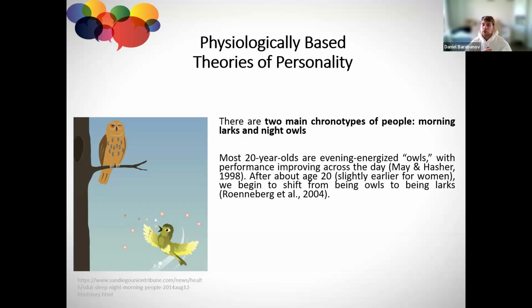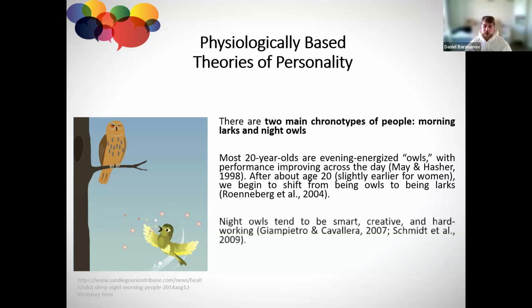And probably you know that most elderly people are complete morning larks, waking up very early, like 5, 6, 7 a.m., even without an alarm, and feeling tired and going to sleep around 8, 9 p.m. is quite typical behavior for elderly people after they hit 60, 65, 70 years old. So we are all slowly moving; even if you're a complete night owl right now, you will be slowly shifting and becoming more and more a morning lark as you age. So this is what research suggests.